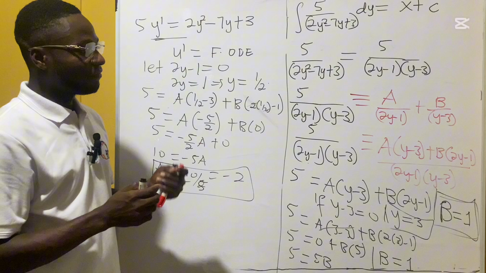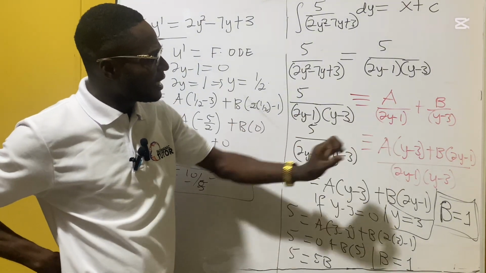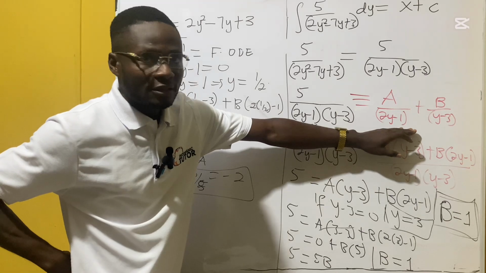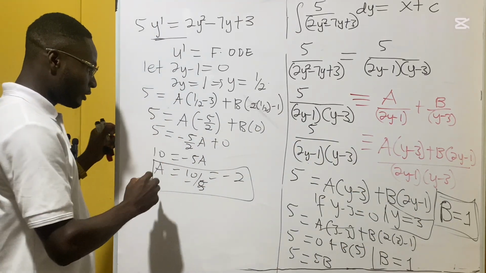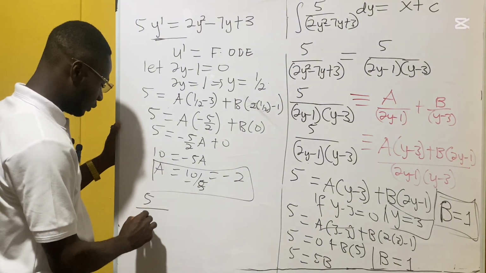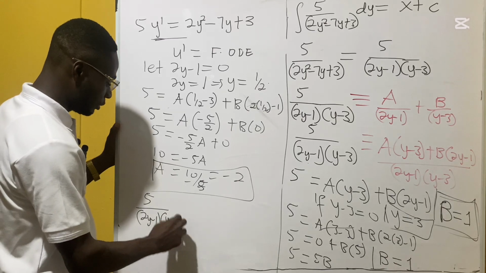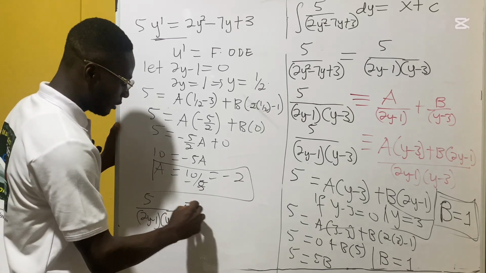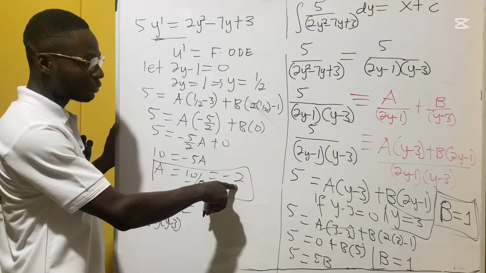Once we have identified those values, we substitute them into this, right? So in doing that, we're going to have 5 on 2y minus 1 into y minus 3 is equivalent to, our a here is negative 2.